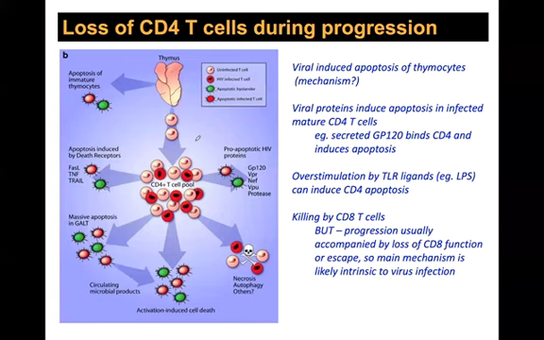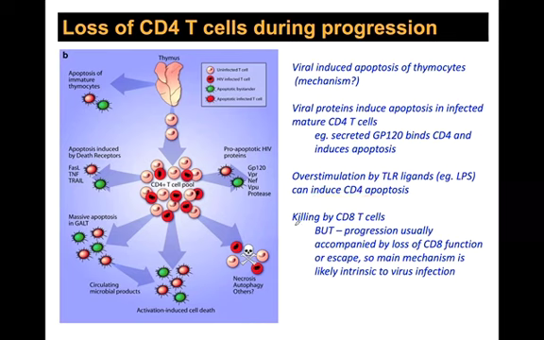So that can happen mostly in cell culture, and the role of that in vivo is not really known. Again, one of the things that can happen is those CD4 T cells, if they're exposed to things like LPS from disrupted mucosal epithelia, can become activated to produce more virus, and it can stimulate them to undergo apoptosis on their own.